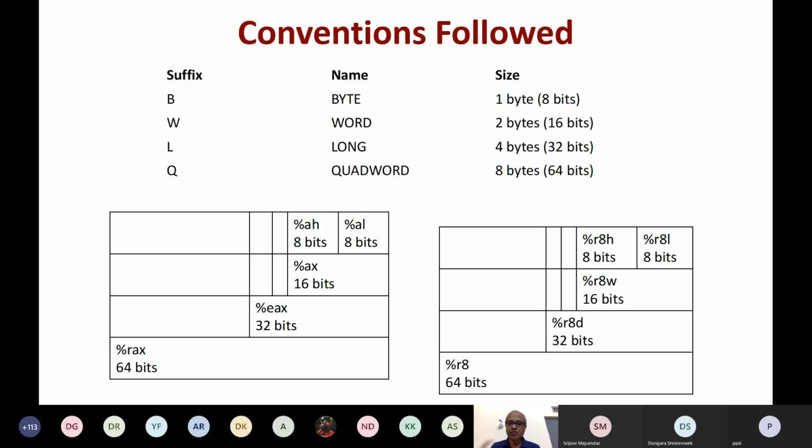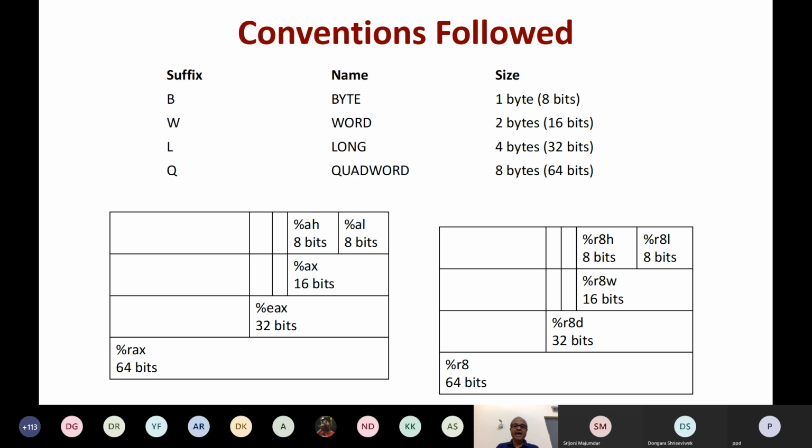But when you do this kind of transfer, you can specify whether you are transferring a byte, a word, long word, or quad word. So you'll be prefixing that move instruction like movb, movw, movl, or movq. It will tell the assembler, or means you can know by seeing, whether you are referring to moving 1 byte, 2 bytes, 4 bytes, or 8 bytes.